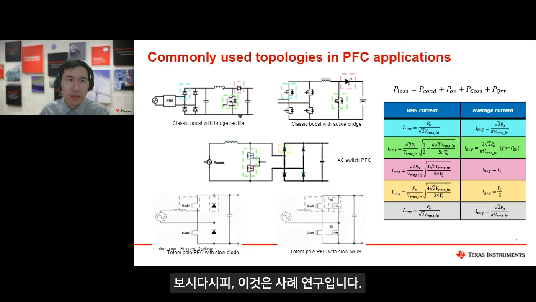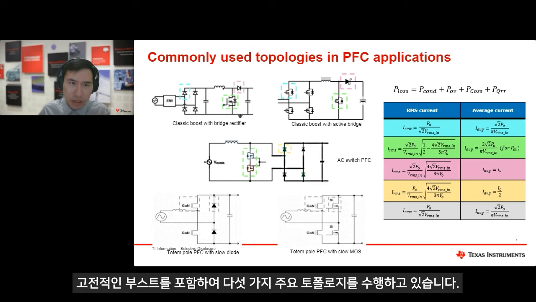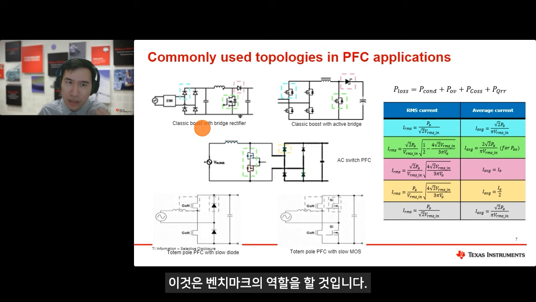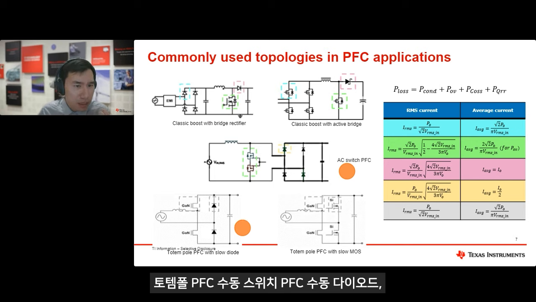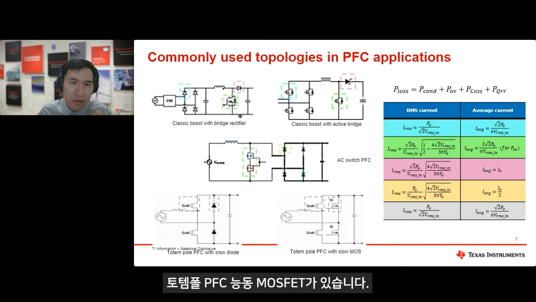This is a case study we're doing on 5 major topologies, including the classic boost with bridge rectifier, which will serve as a benchmark. And then we have the classic boost with active bridge, AC switch PFC, totem-pole PFC with passive diode, and totem-pole PFC with active MOSFET.